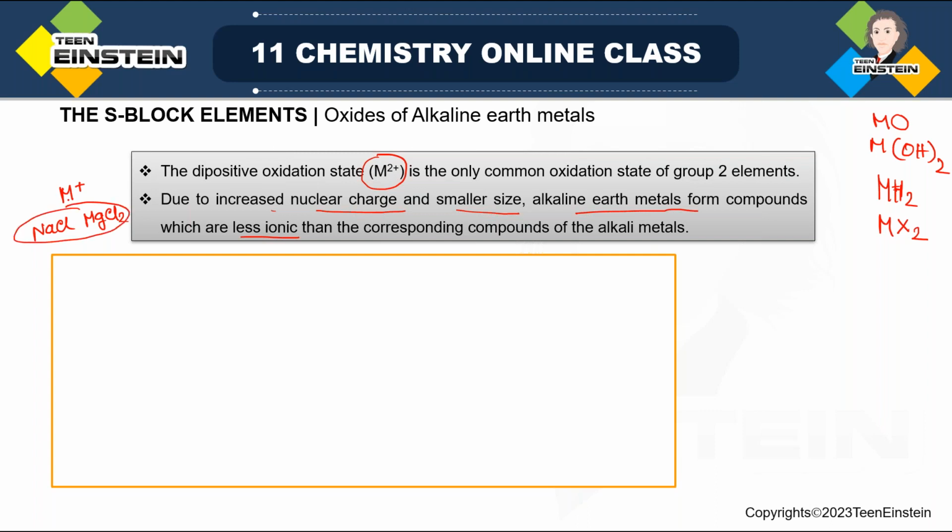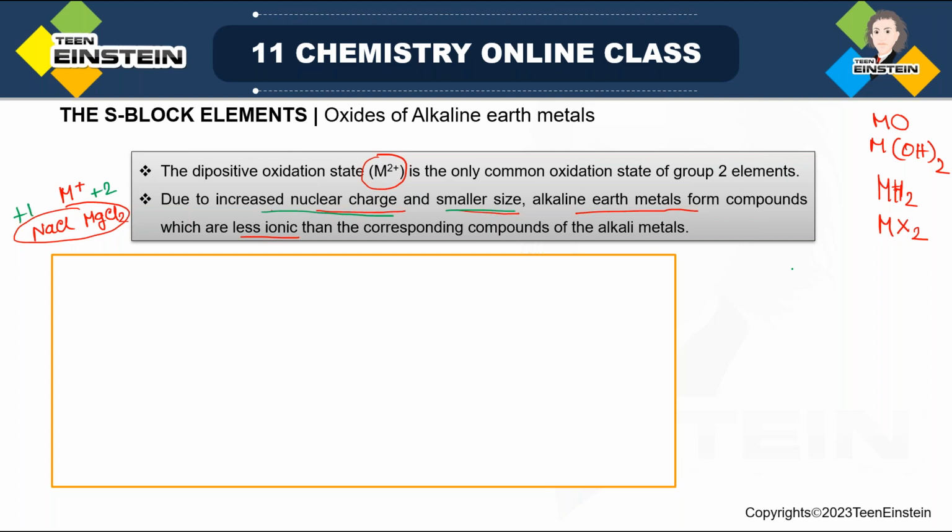Here the anion is common, both are chloride, but the metal in case of sodium has +1 charge, while here it is +2 charge. Now when charge is high, increased nuclear charge, and the size is also small. We know when you move from Na to Mg, from left to right in the periodic table, there is a decrease in size. So because of these two reasons, smaller size and higher nuclear charge, the charge density is now high.